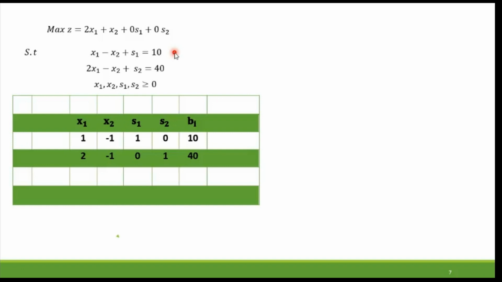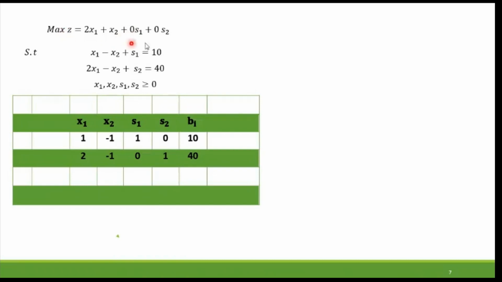ठीक है, पहले सब वेरिएबल्स लिखने हैं और हर एक वेरिएबल्स की जो वैल्यूज हैं उसको हमें लिखना है फर्स्ट कंस्ट्रेंट और सेकंड कंस्ट्रेंट से. We should not take this constraint, this is not used anywhere, only the objective function and the constraints. इक्वालिटी जो कंस्ट्रेंट्स है उसको लिखना है. उसके बाद now write the coefficients of x1, x2, s1, s2.